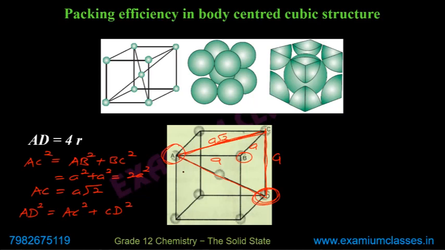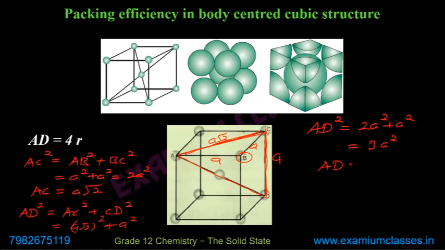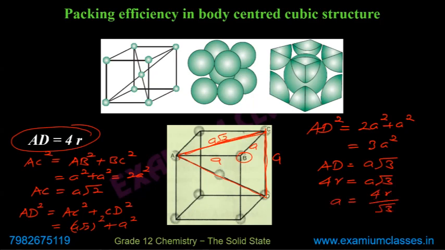AD square will be AC square, by Pythagoras theorem, plus CD square. Means AC square is a root 2 whole square, CD is a. So AD square you got as 2a square plus a square, that is 3a square, means AD equals a root 3. But AD you know is 4R, so equate it. 4R is equal to a root 3, means a equals 4R by root 3.